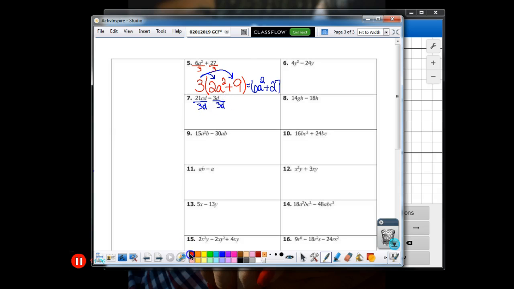Okay, so this D cancels out, so 21 divided by 3 is 7. And I still have a C there. And then minus, these both cancel out, but really I still have a 1 there. And so now, not only am I multiplying by 3, but I'm also multiplying by D, because that's what I divided by.